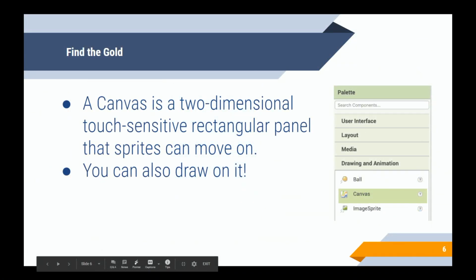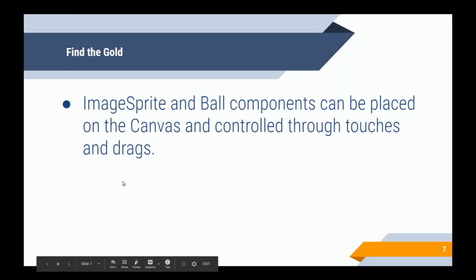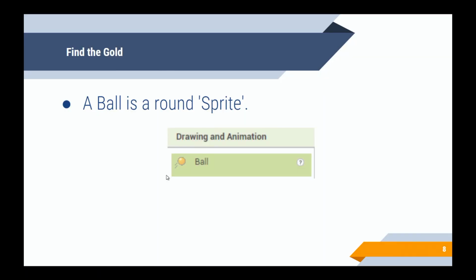Today you're going to work with Canvas, which is a two-dimensional touch-sensitive rectangular panel that sprites can move on. And you can draw on it, but that's for another app. Image sprite and ball components can be placed on the canvas and controlled through touches and drags. A ball is a round sprite.